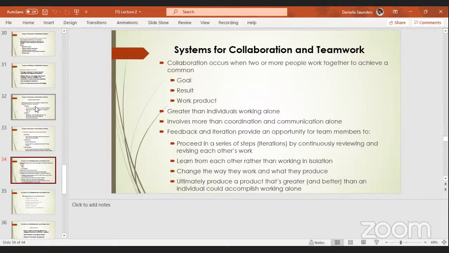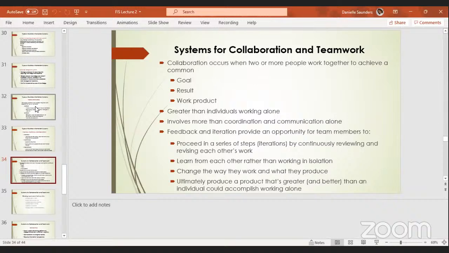Because collaboration and teamwork are very important in the information age, we want to think about whether we can have collaboration for common goals, common results, for products. In most instances, even if you're somebody who works alone, like me, you find that you get a bigger bang for the buck when you work in teams rather than as individuals.